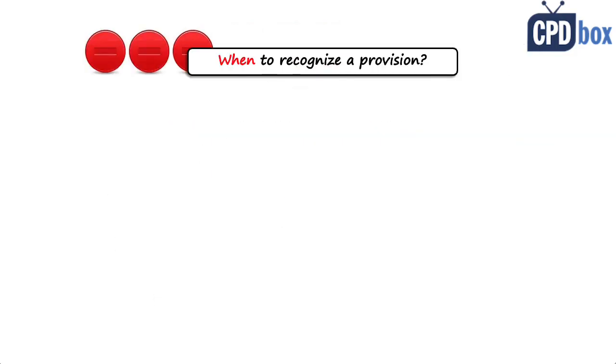When should we account for a provision or recognize a provision? If all of the three following conditions are met. Number one, there must be a present obligation, whether legal or constructive, as a result of some past event or obligating event. And we have just discussed that. Number two, the outflow of economic benefits required to settle the obligation must be probable.